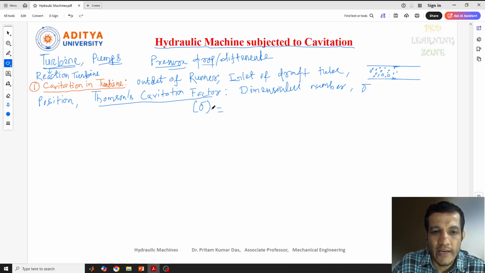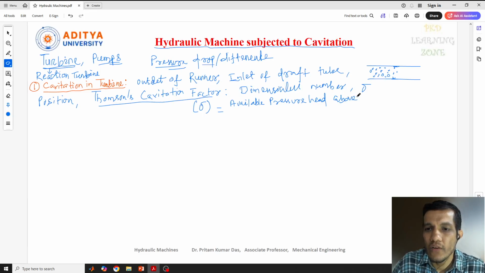It is defined as the available pressure head which is present above vapor pressure, relative to the operating head, that is, the head at which the turbine is working.